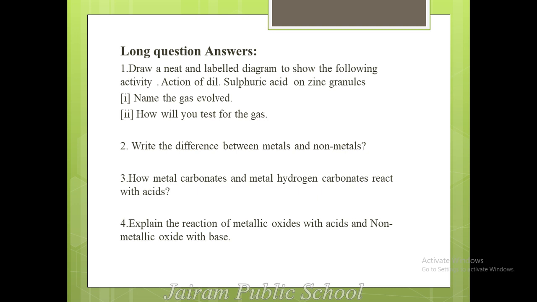In the second test tube we take sodium hydrogen carbonate and add hydrochloric acid. The products obtained will be sodium chloride, water and carbon dioxide. After some time we pass that carbon dioxide gas through lime water. From test tube A we get carbon dioxide, and from test tube B also we get carbon dioxide, with the help of a delivery tube.